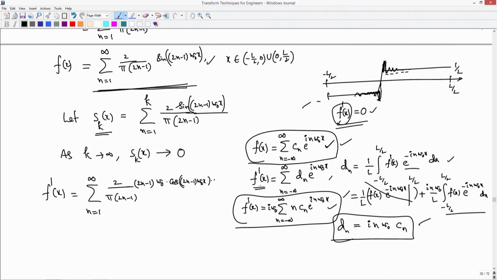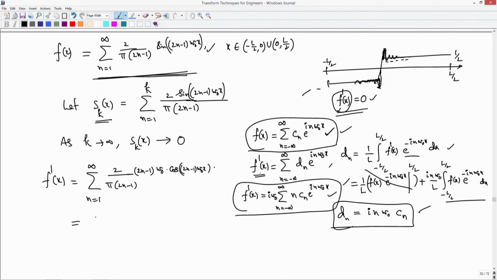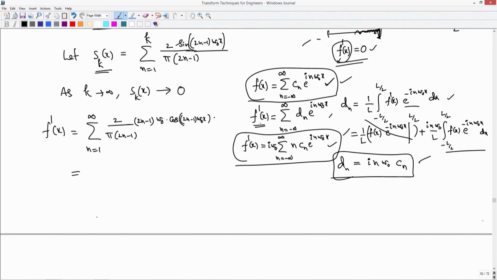This is the Fourier series now, the derivative's Fourier series. This gets cancelled. ω0 is 2π/L, and you have 4/L, the π goes, and n is from 1 to infinity. You simply have a cosine: cos((2n minus 1) ω0 x).